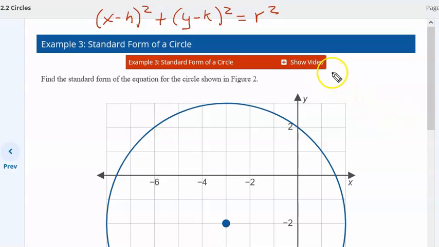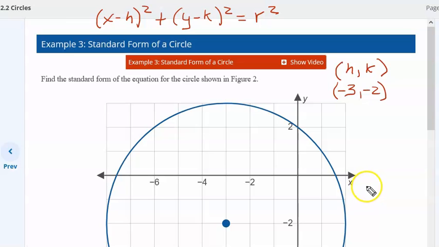All right, let's find out what h, k would be. And you might say, what is that? Well, that's the center of the circle. So the center of the circle is right here. So this is going to be -3, comma, -2.